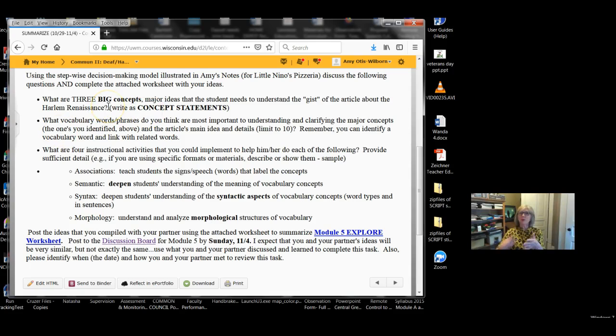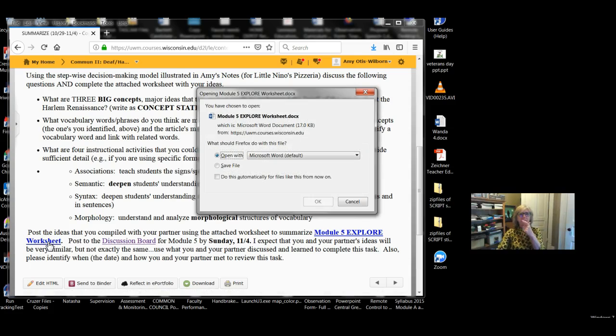So you have 3 concepts. You think about each of the stages. What activities would you do? What would be appropriate for teaching the vocabulary from that text? And I have a worksheet for you to use. Right there. All right, open it up.